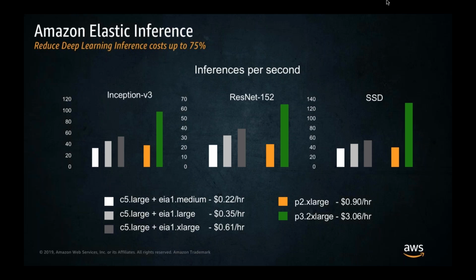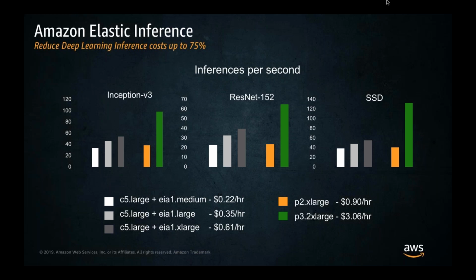So here are some performance tests provided by the service teams. What we see here are tests run on Inception v3 and ResNet 152. These are both deep CNN architectures. And then on the far right, we have SSD, which stands for single shot detection, the object detection algorithm that was mentioned earlier. As you can see, Elastic Inference delivers higher throughput than the P2s, the previous generation of our ML optimized instances, which sport the Tesla K80 GPUs.